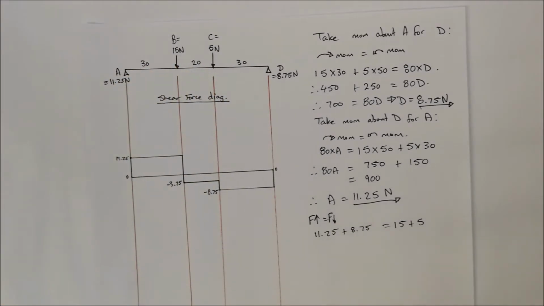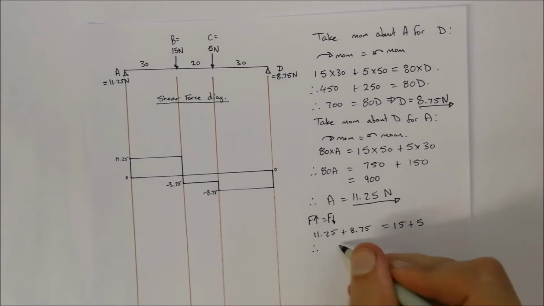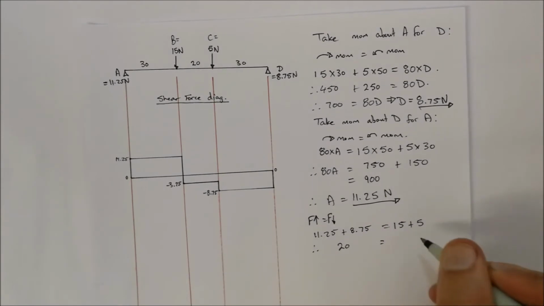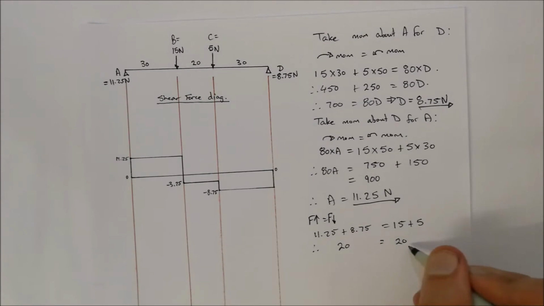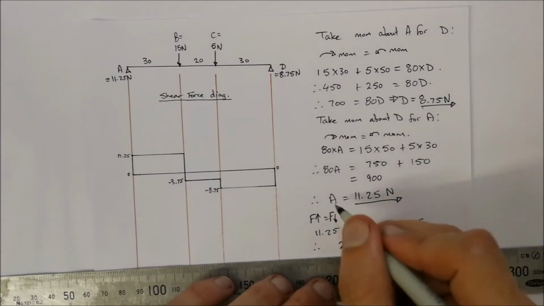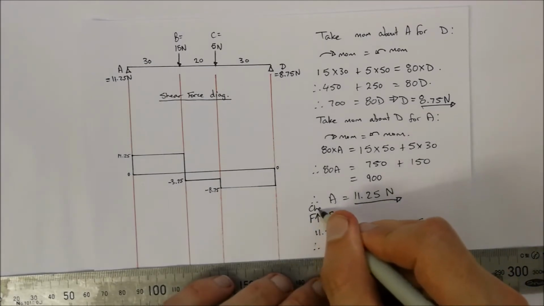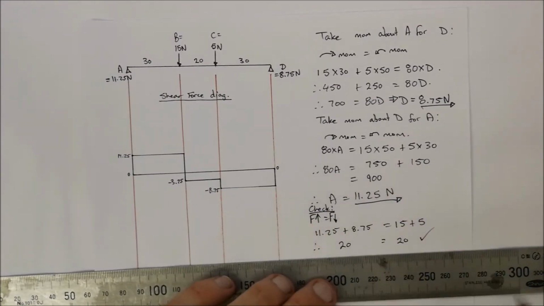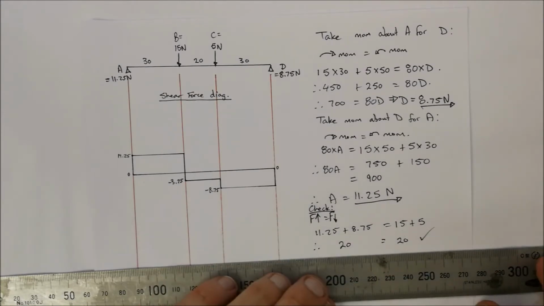Okay, so 11.25 plus 8.75 is equal to 20. So therefore 20 is equal to 15 plus 5, which is 20. So there's a 95% chance that we've done our calculations correctly. Okay, so always just have a check over here. Always have that check before you start doing the shear force diagrams.